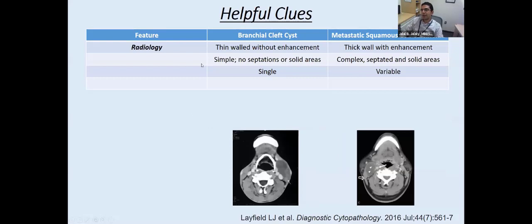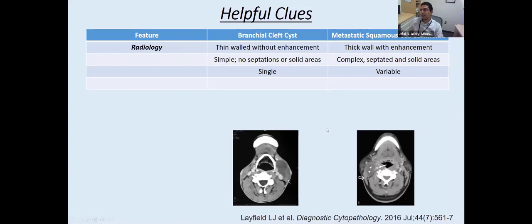So radiologically, you can see that branchial cleft cysts are typically thin-walled cysts and not complex. They usually don't have septations or any solid areas, and typically they are single lesions. One of the frequently mentioned signs for branchial cleft cyst is the beak sign, where the cyst is wedged in between the internal and external carotid arteries.